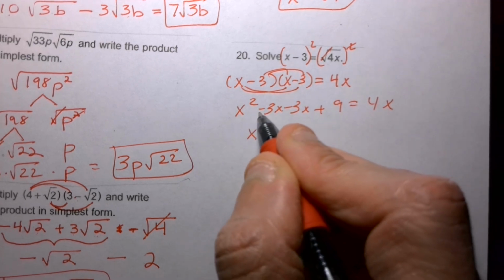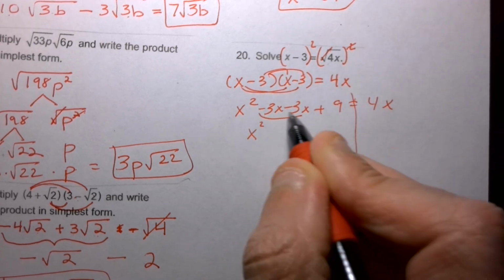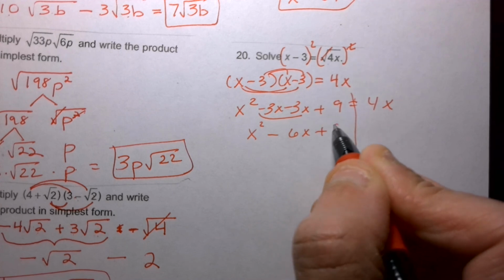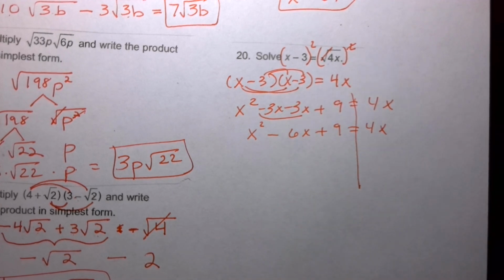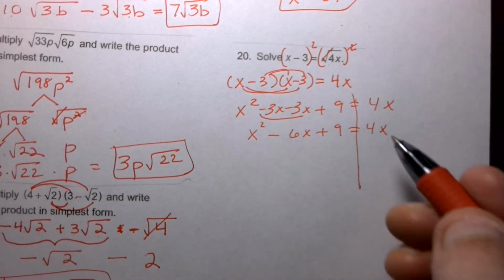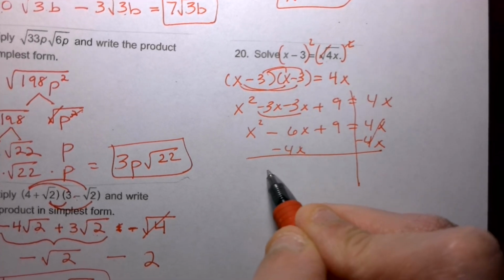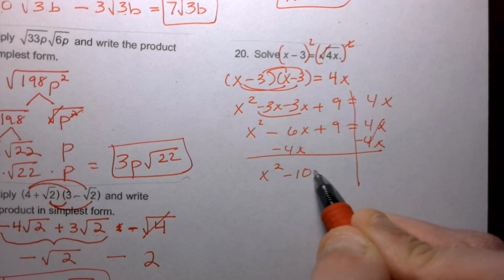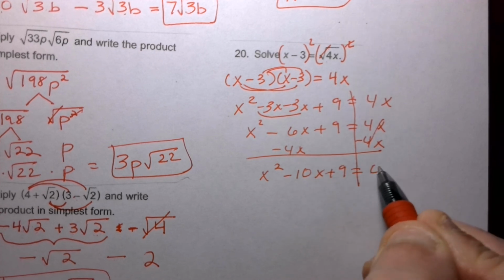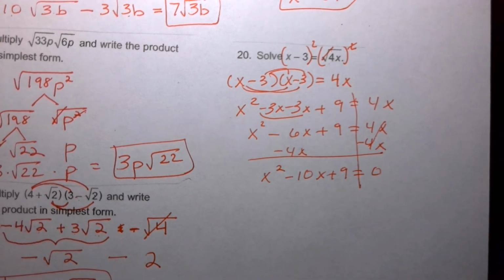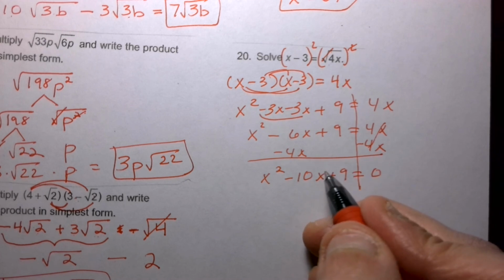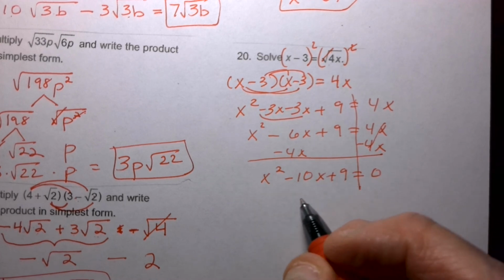Combine like terms on this side of the equal sign. Good review here. Get the 4x on the other side so that those are together. As you can see, I have a quadratic here at this point.